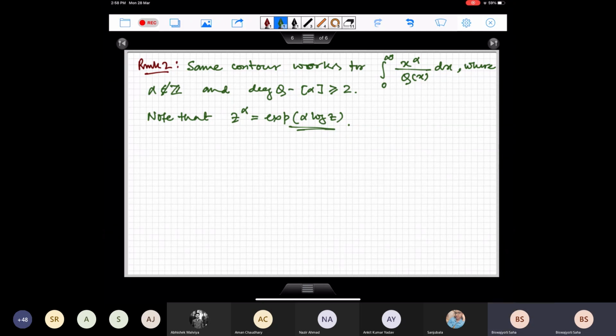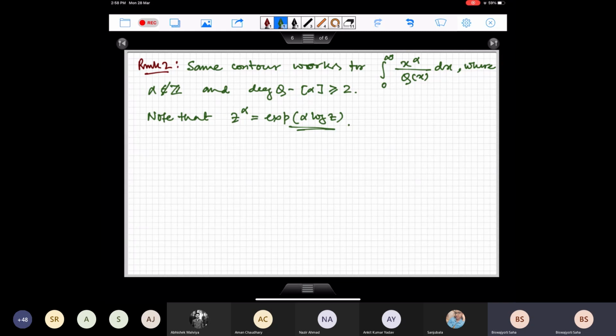As I go around 0, this log will change value between 0 and 2 pi. So effectively I will not have to multiply by another extra logarithm. So I don't have to bother about that. So what do I have to bother about? Let's see what I get.